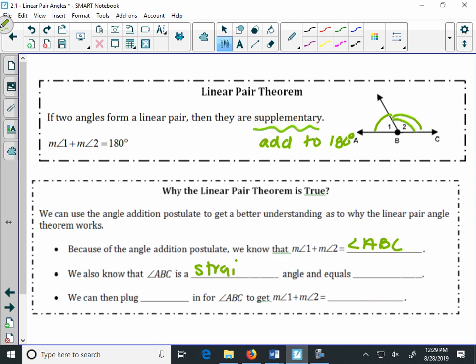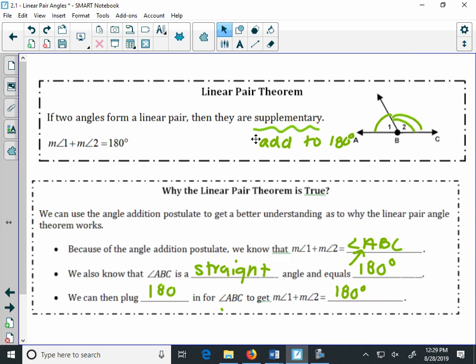So because it's a straight angle, it equals what? 180 degrees. So what we could do is take 180 and plug it into this equation for angle ABC to get angle 1 plus angle 2. That's the informal argument that they make.